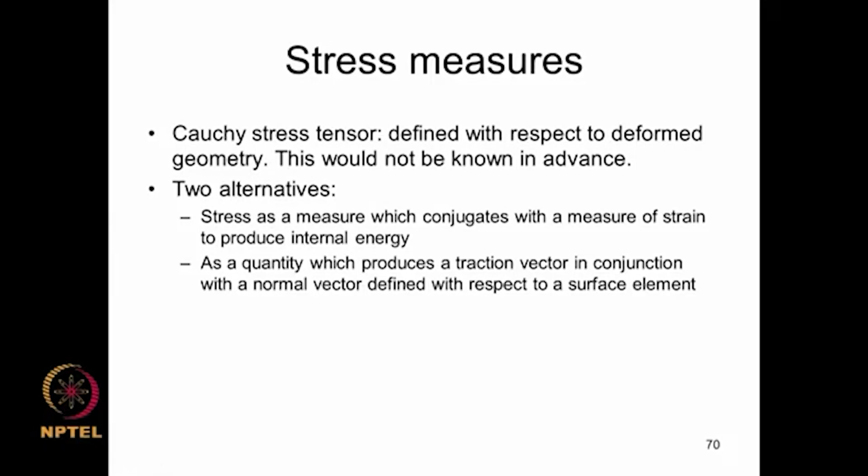So, we developed two alternative definitions for stresses, that is first Piola-Kirchhoff and second Piola-Kirchhoff stress tensors. So, to develop the different measures of stress, we interpreted stress as a measure which conjugates with a measure of strain to produce an internal energy, or as a quantity which produces a traction vector in conjunction with a normal vector defined with respect to a surface element.